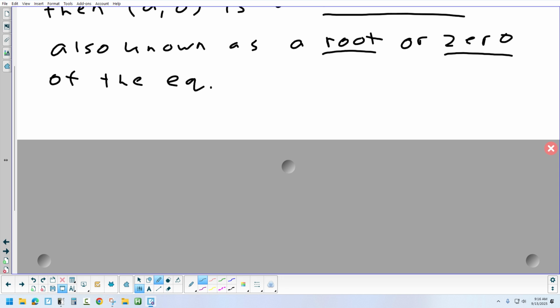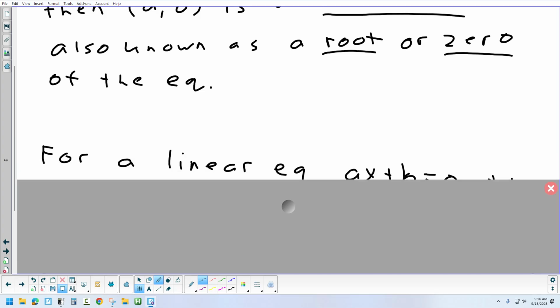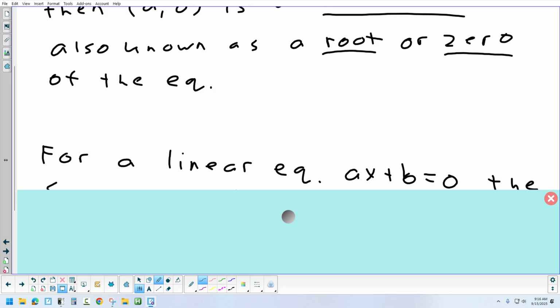At most, it would be once. A non-horizontal line can only cross the x-axis at most 1 time. Now, if it was a horizontal line right on the x-axis, that's different. But any other line can only cross 1 time. Now, this is the equation of a line. It's like mx plus b. I used a different letter.